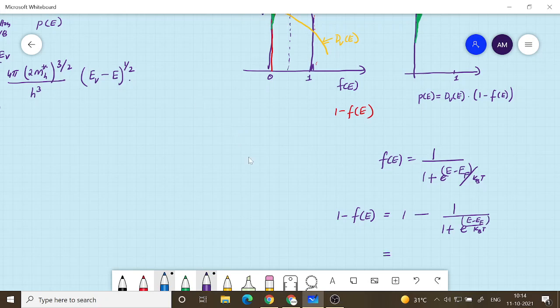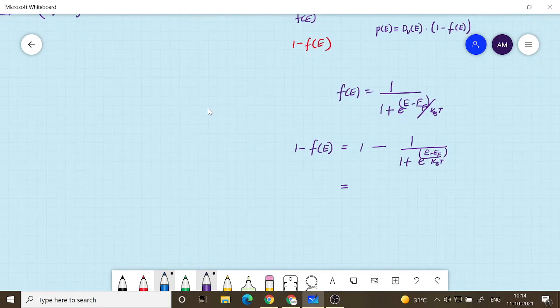So that is equal to 1 plus e raised to E minus EF by kBT minus 1, divided by 1 plus e raised to E minus EF by kBT.